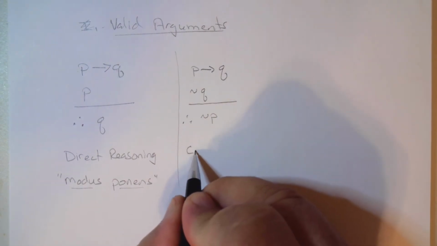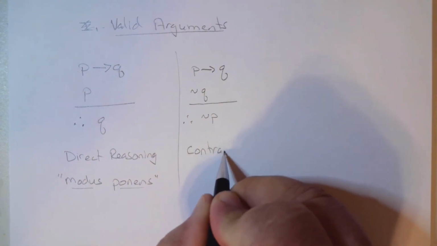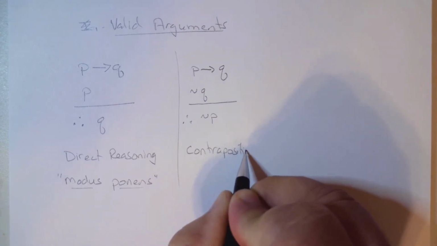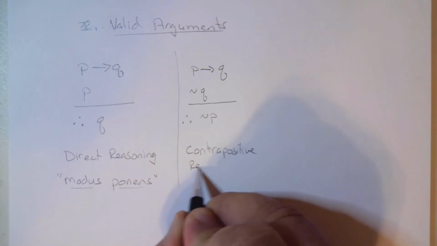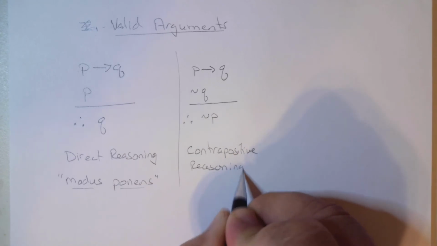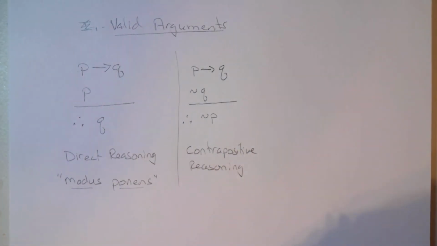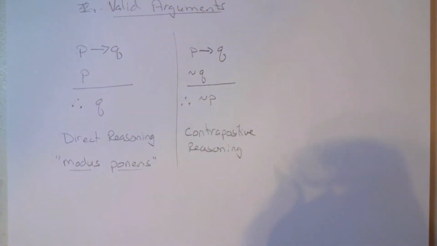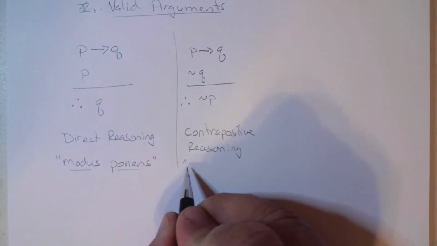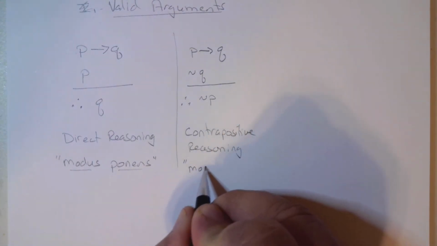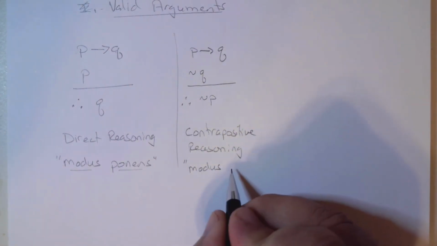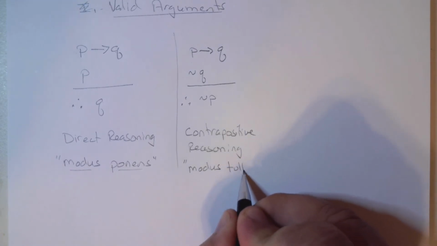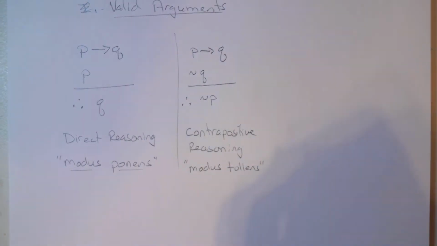This is called contrapositive reasoning. If you notice, it's the reverse of it. In Latin, Aristotle called this modus tollens.